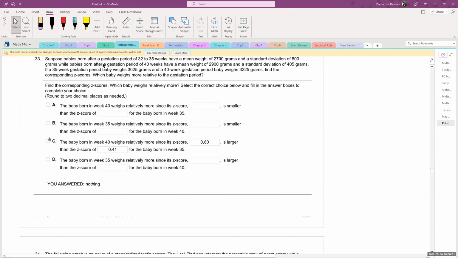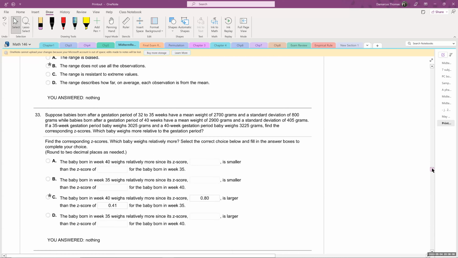Suppose babies born after, I don't know why they're saying a gestation period. Hopefully they're not referring to human babies in that way. It's just a pregnancy. It sounds a little bit more scientific.